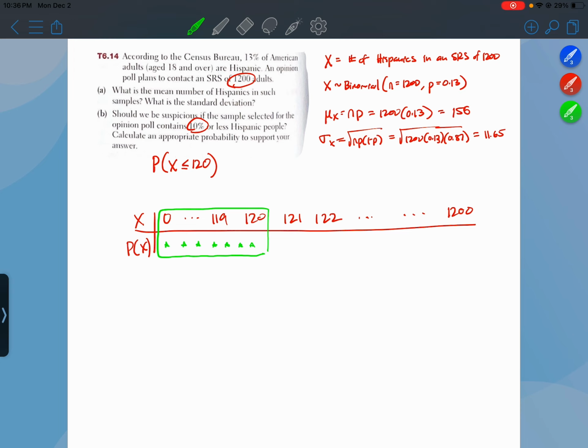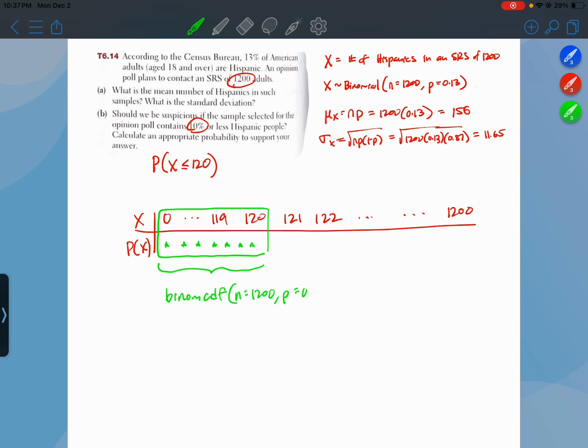We can do it pretty quickly by using the binom CDF function. This is a neat little function on the calculator that helps you find the probabilities of at most a certain value. The number of trials is 1,200.